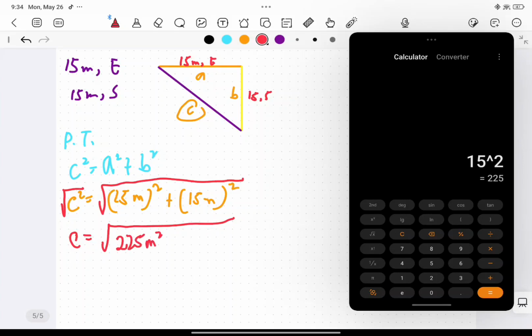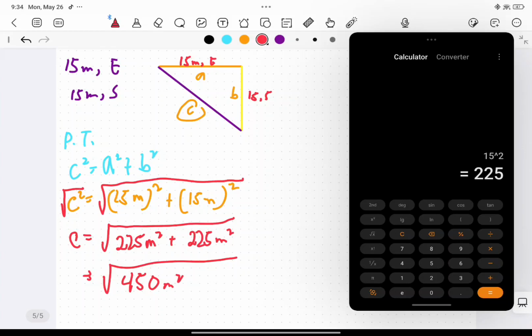Meters times meters is meters squared, plus 225 meters squared. And then 225 plus 225, we will have 450 meters squared.